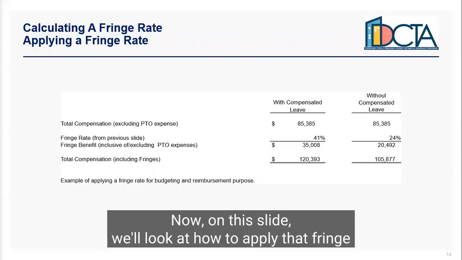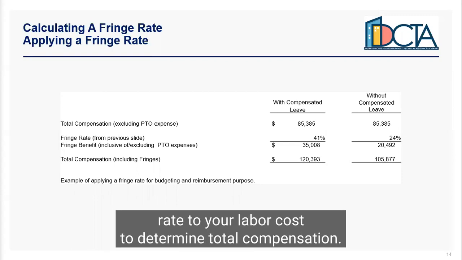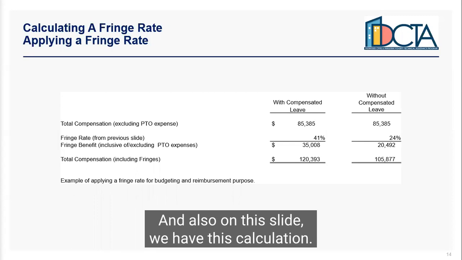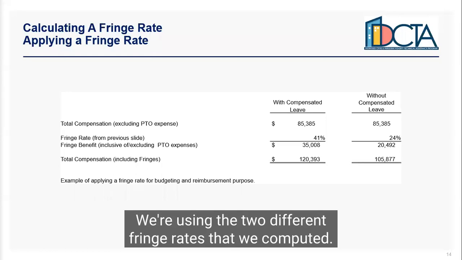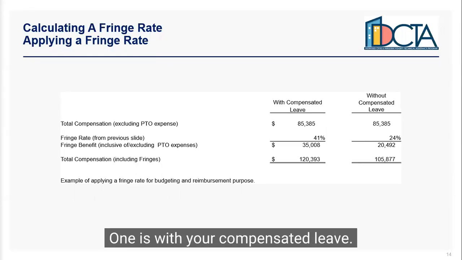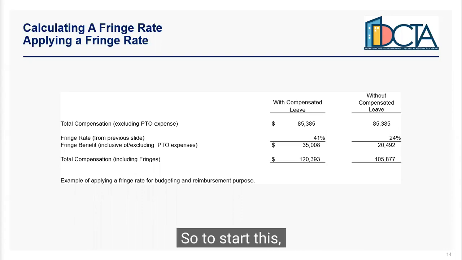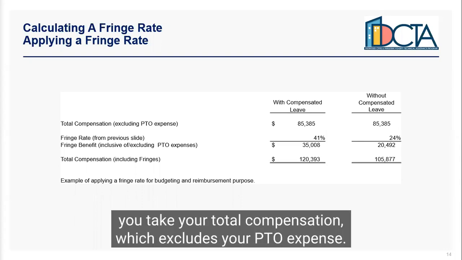Now, in this slide, we'll look at how to apply that fringe rate to your labor cost to determine total compensation. And also on this slide, we're using the two different fringe rates that we computed. One is with your compensated leave, the other is without compensated leave. So to start this, you take your total compensation, which excludes your PTO expense.